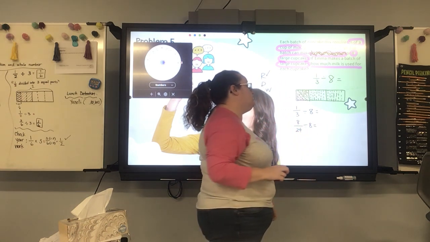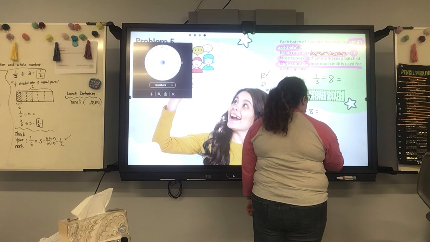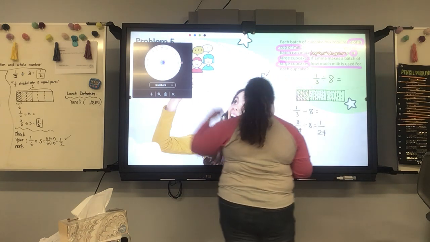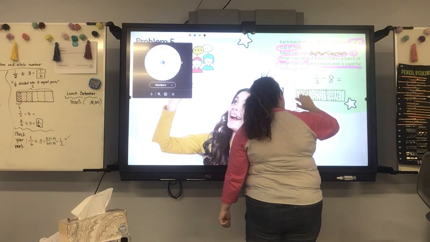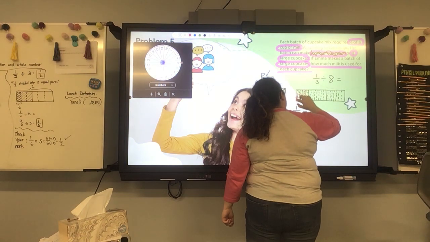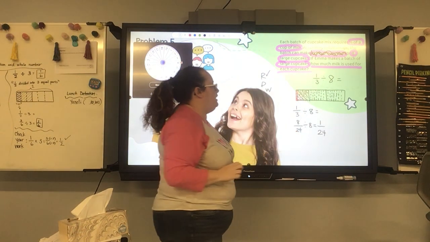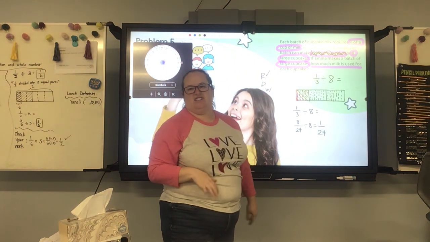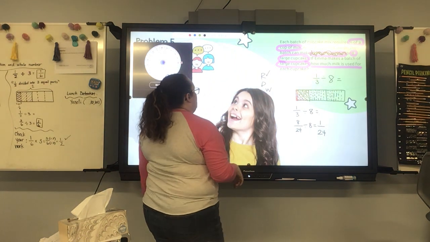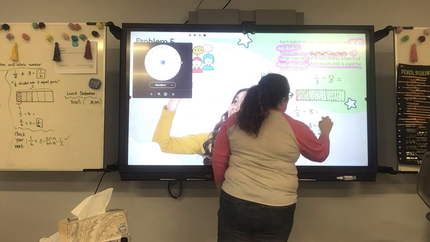And 8 24ths divided by 8 is 1 24th. So in one of the 24 pieces, I would draw the diagonal lines going the other way. It's kind of hard to tell because it's so small, but that's okay. So 1 24th is my answer.